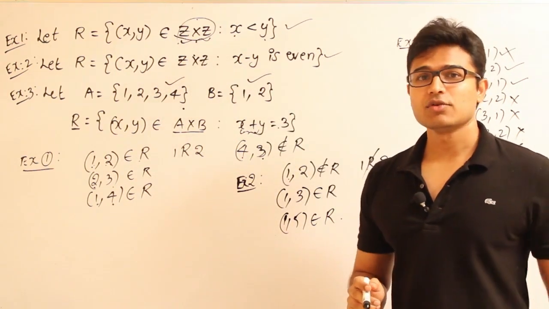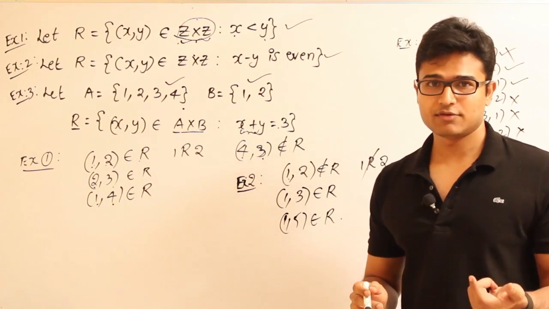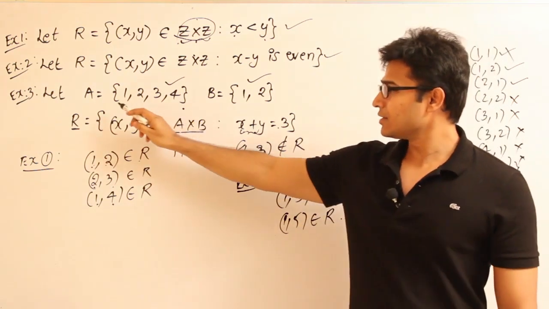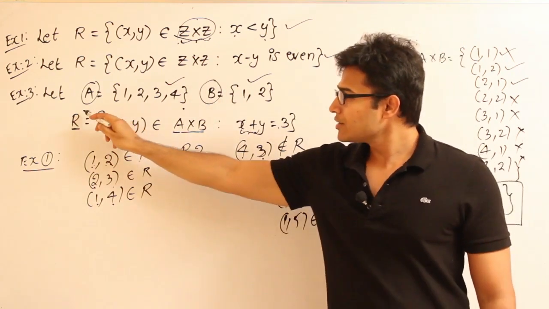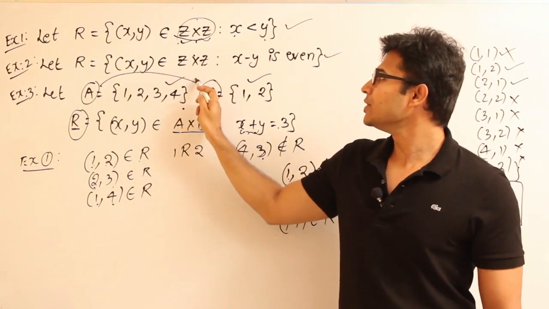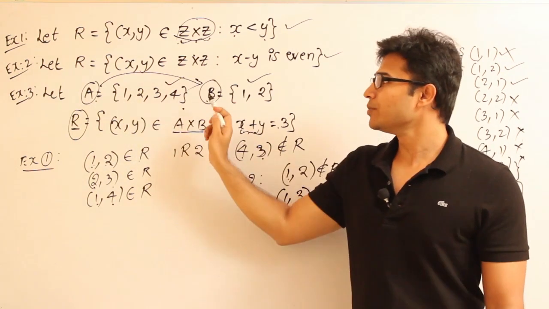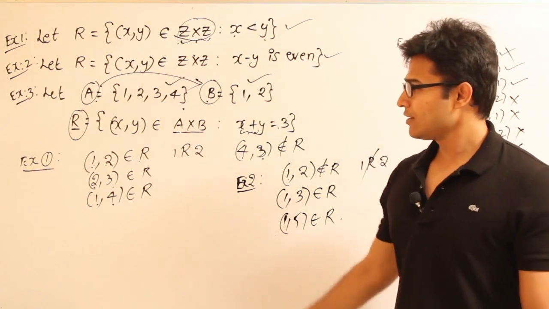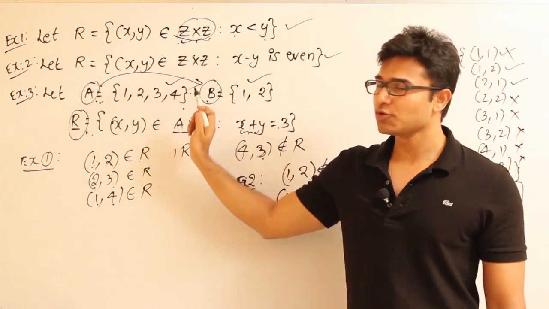There we are taking only a single set. In the third example, we are using two sets. Then we can say that R is a relation from A to B, or R is a relation from A into B, right? That is the terminology. We can say R is a relation from A to B, or R is a relation from A into B.